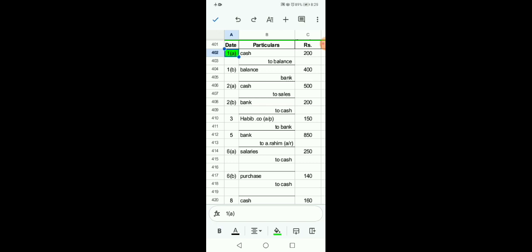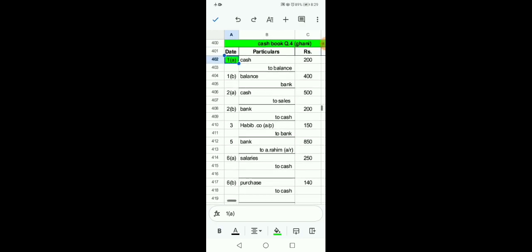So I will suggest you, whenever you are doing the cash book in your exams, whenever you complete your posting, write down anything. You can mark it, you can put a tick over it, whatever sign you want to put, if an entry has been posted in the cash book.